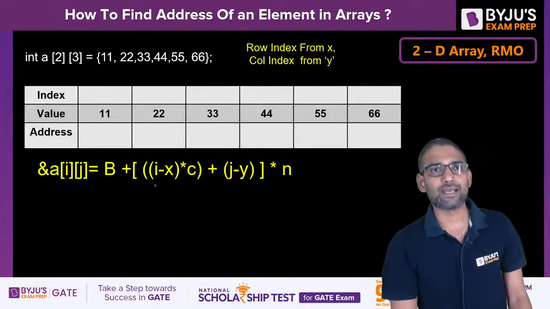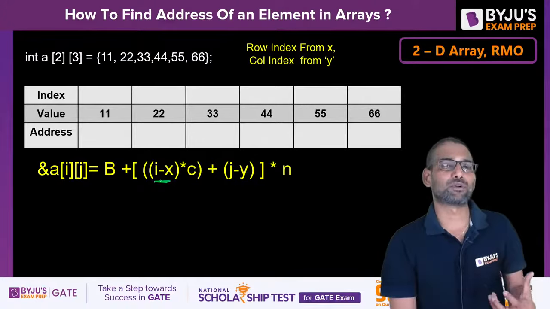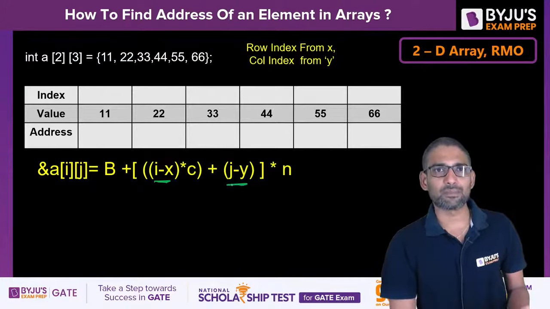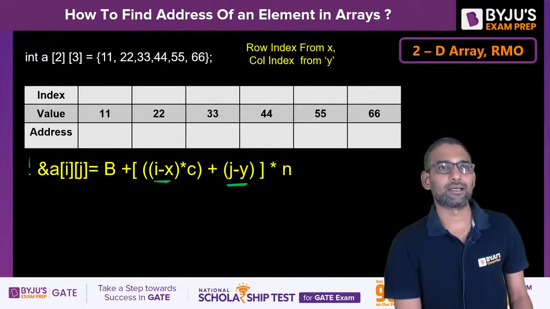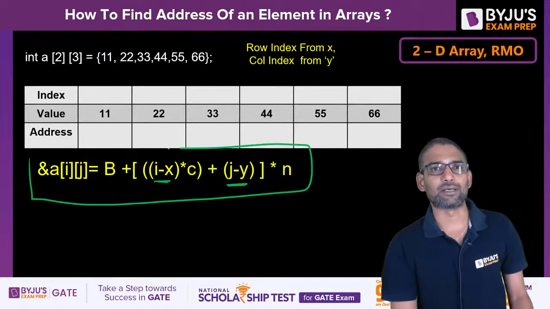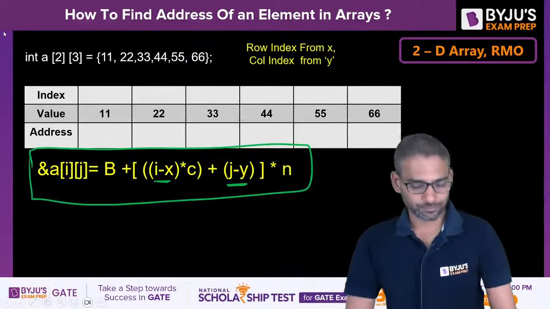That is I minus x multiplied by number of columns, plus j minus y, whole multiplied by size of each element. Clear?